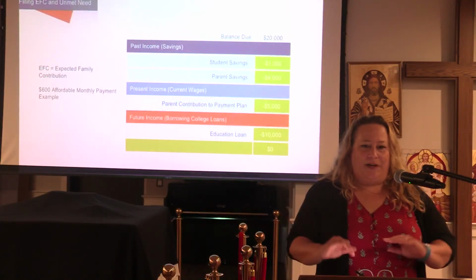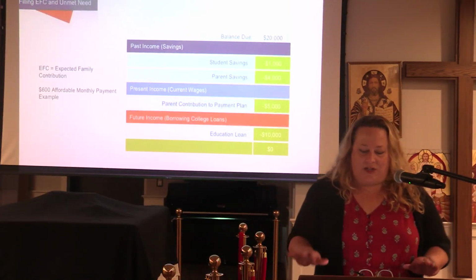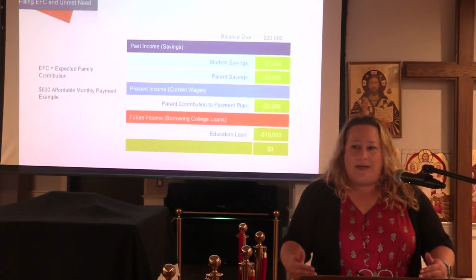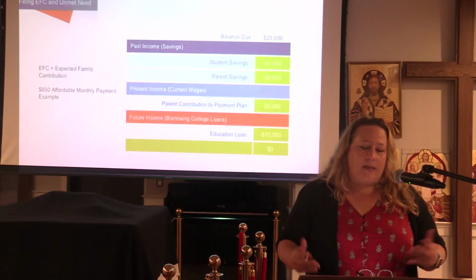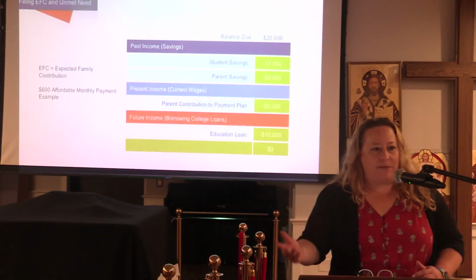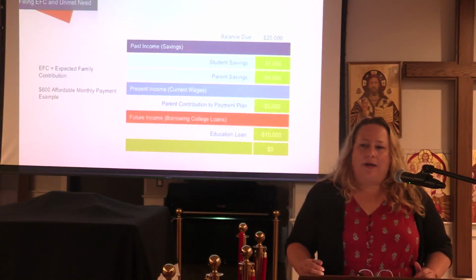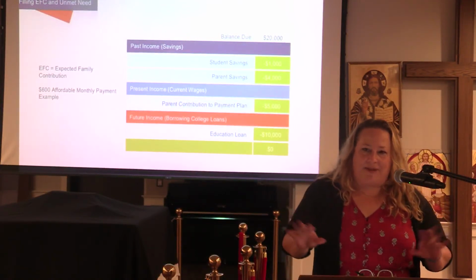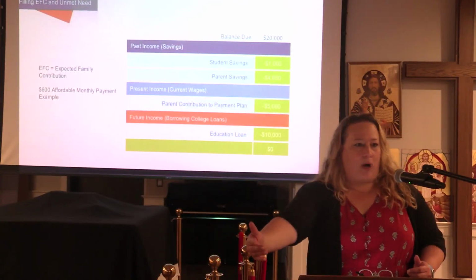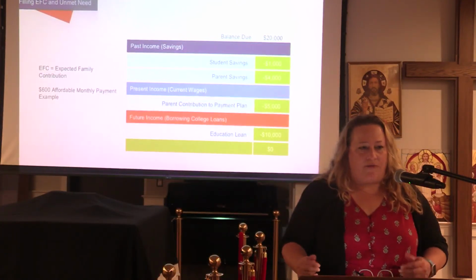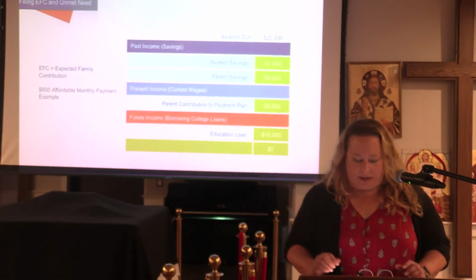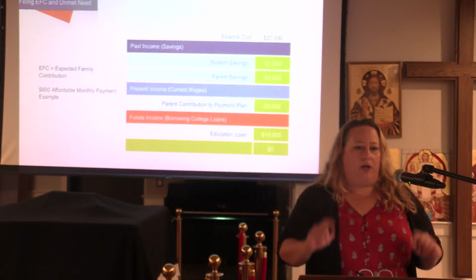I'm not a financial planner, so I can't really give you financial advice, but I'm always of the mindset that if I can avoid paying interest by using my savings up front, maybe you can get through years 1 or 2 and not have to borrow, but maybe junior, senior year, it's kind of stretched. Savings has been tapped out. But hey, it's 2 years of not borrowing and not paying interest on a loan if you have the savings. It really depends on what you have and what the cost is. So yeah, this is all for 1 year of school.